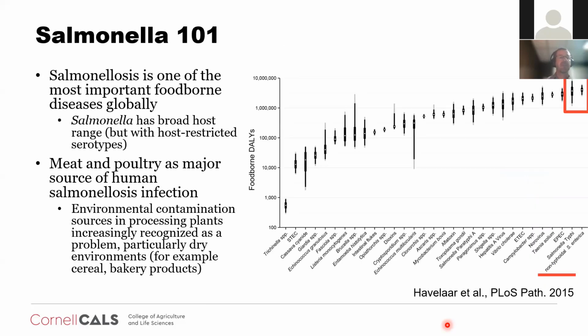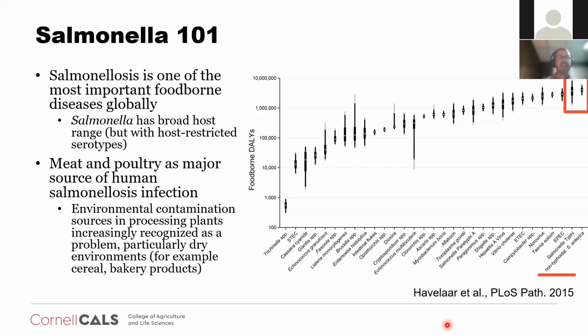Salmonella is one of the most important global foodborne pathogens, as seen on this picture on the right side, with both Salmonella Typhi and non-typhoidal Salmonella causing the largest numbers of disability-adjusted life year losses globally. And meat and poultry is a major source of human salmonellosis infections.